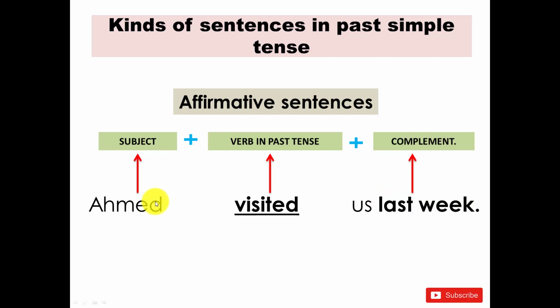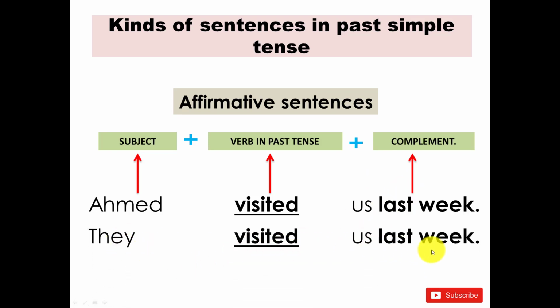Like here we have, Ahmed visited us last week. So subject, verb in the past simple, and complement. Or we can say, they visited us last week. As we see here, the verb does not change with the third person or with they. So it is the same form for all the subjects.